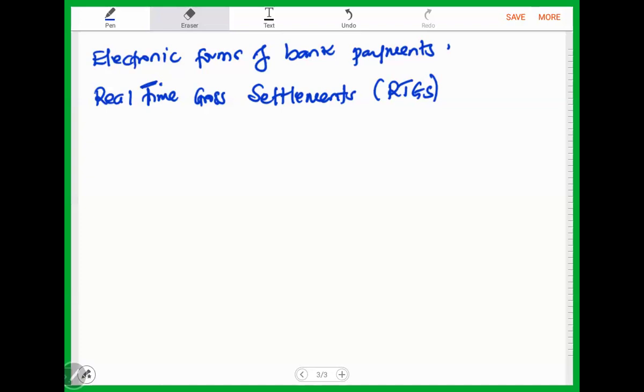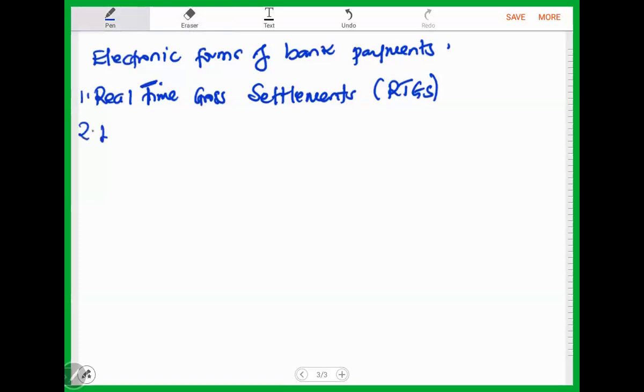Then payments in financial markets, in most cases, are also made using RTGSs, etc. So we should be in a position to understand how these RTGSs work. I'm just explaining. You read the rest and make more meaning out of what I'm explaining.